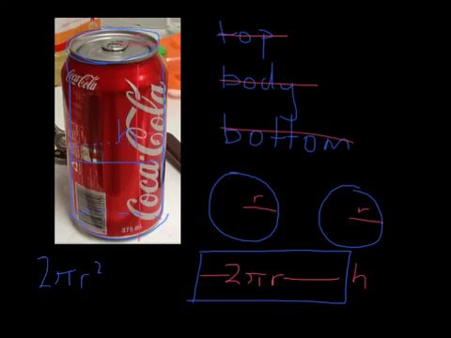I also need to add the rectangle, and the rectangle is the height times the length, which in this case is 2 pi r h. So if you need to, I would stop it here and go back and put this information into your book, especially this formula, because you're going to need that to solve the surface area of a cylinder.